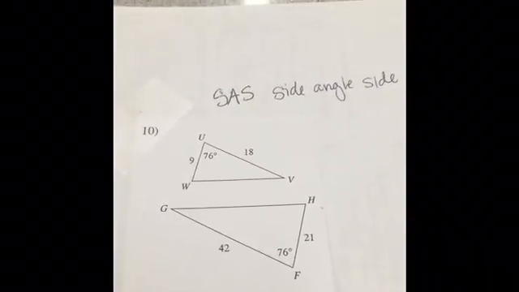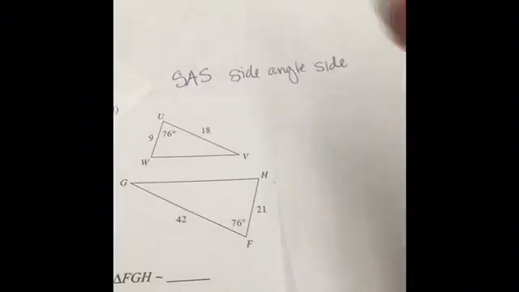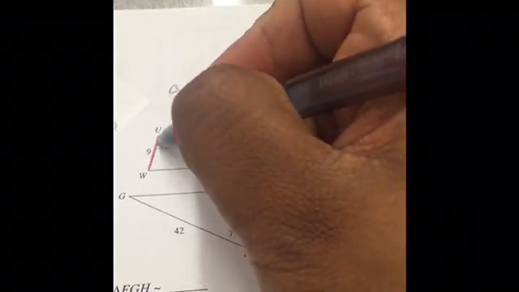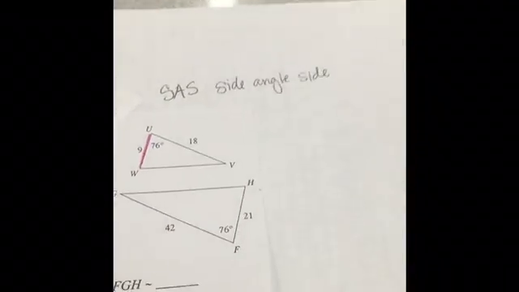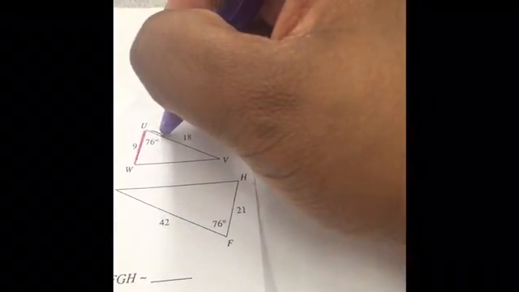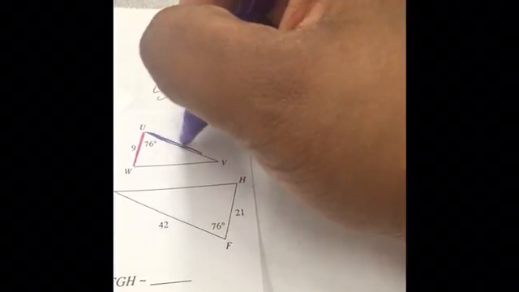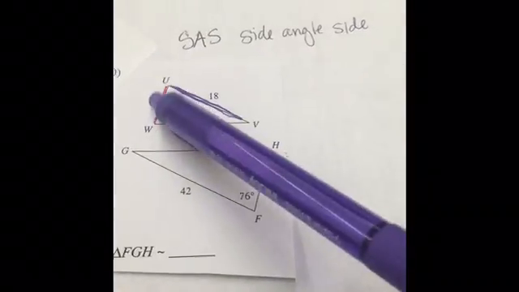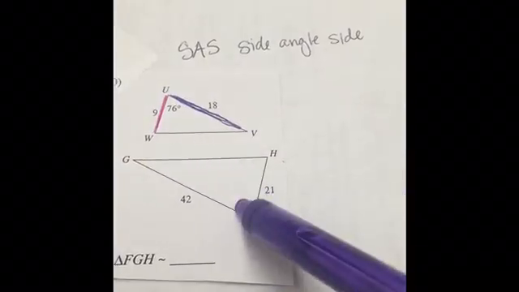And the way that we use that is first, we match corresponding sides. So for example, I'm looking here, this is UW. And I'm looking at this part of this triangle, this is UV. What I want to do is match these two sides to the corresponding sides in this triangle.